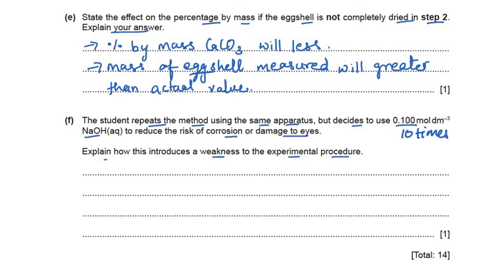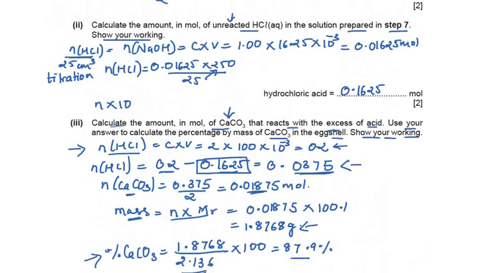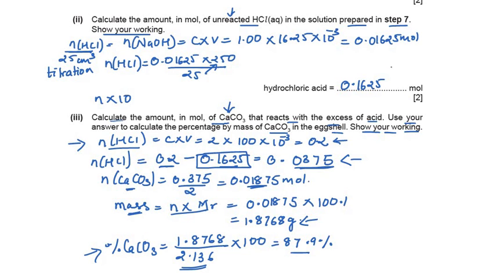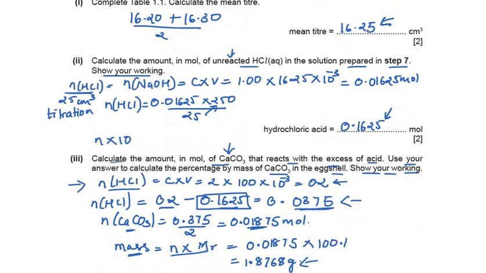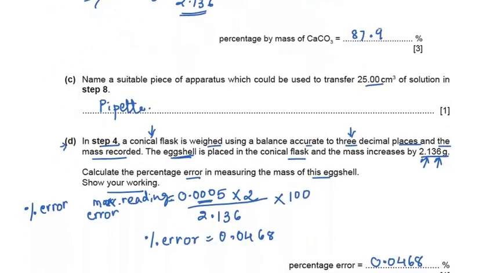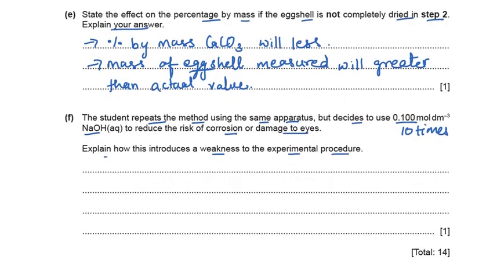If we are using a 10 times lesser concentration, then the volume of NaOH required to react with HCl, which was 16.25 centimeter cube, will increase by a multiple of 10. Because we decrease the concentration 10 times, our value will increase 10 times.